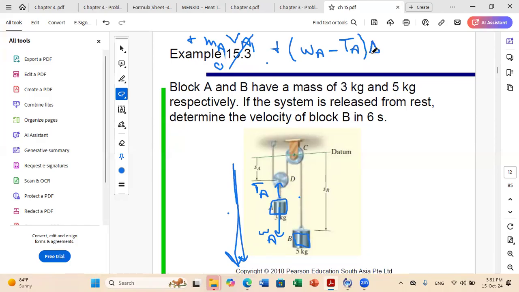So delta T is known. WA, weight of A is known. TA is unknown. We don't know the value of TA. Now, this is equal to MA times VA2 final. So times VA2 after 6 seconds. So VA2 final.